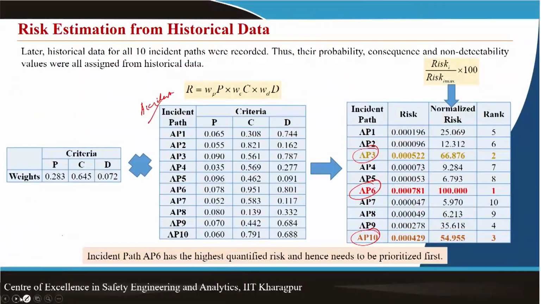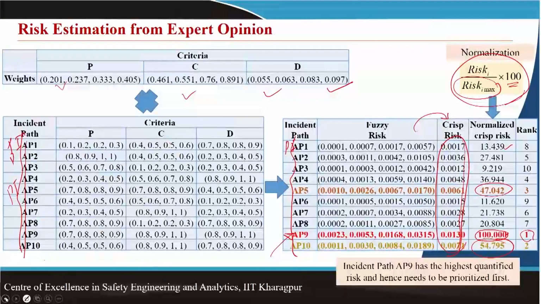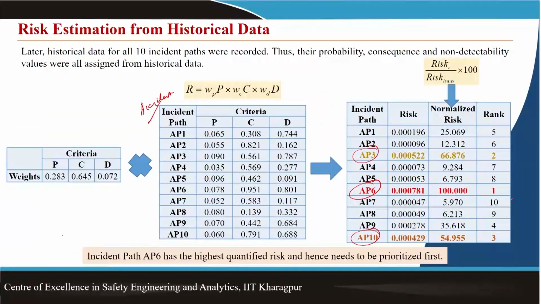Maybe when you actually collected the data, you found that AP6 was neglected. Why was it neglected? Because its potential risk value was very low. Ultimately, because of that complacency, that difference has taken place.